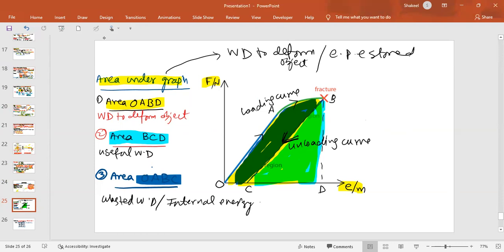Internal energy in the object. This is non-recoverable. This is sort of wasted energy. Because whenever you pull the catapult and release it, of course some heat energy will be produced over there. That heat energy will be represented by this area O, A, B, and C.